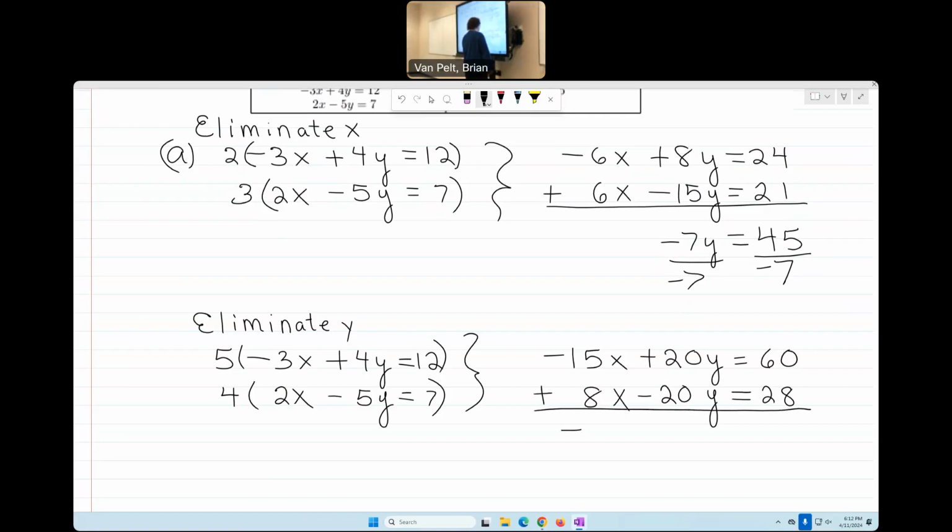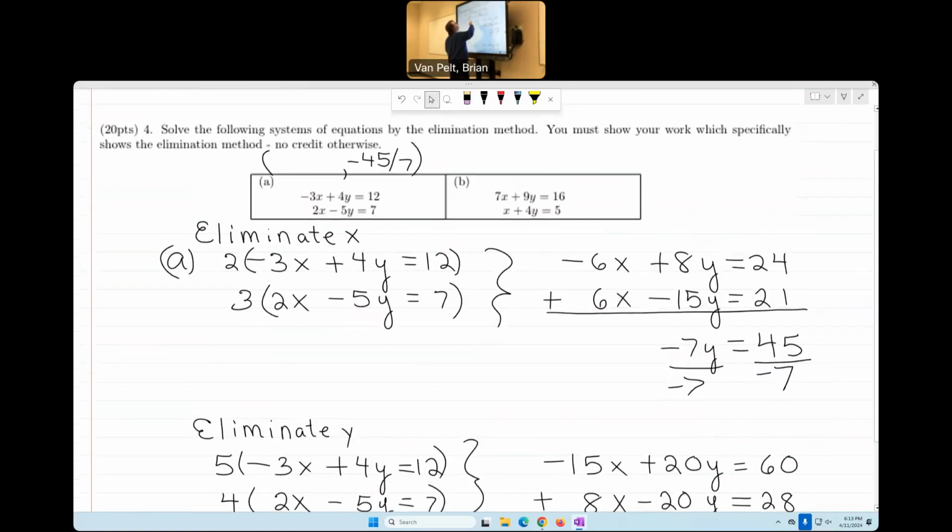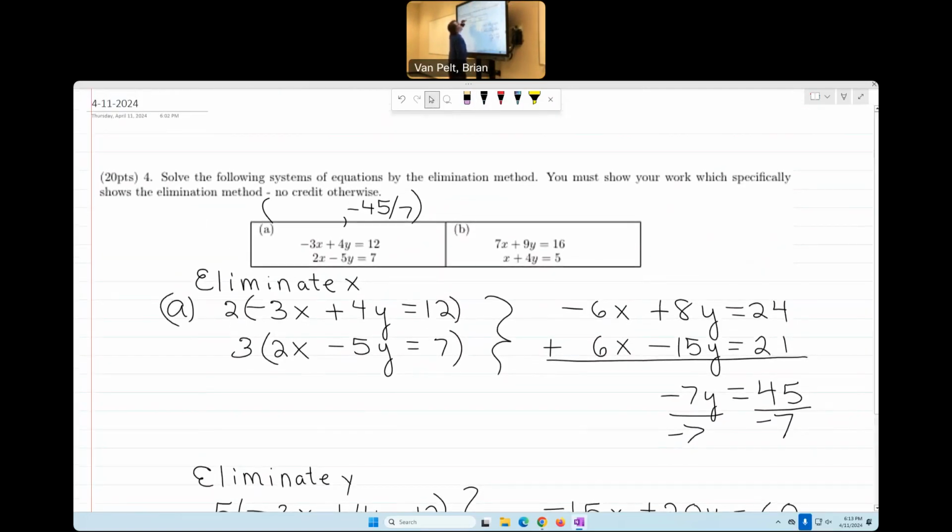We get negative 7x equals 88. Then divide by -7. The x part of that answer up there was negative 88 over 7.